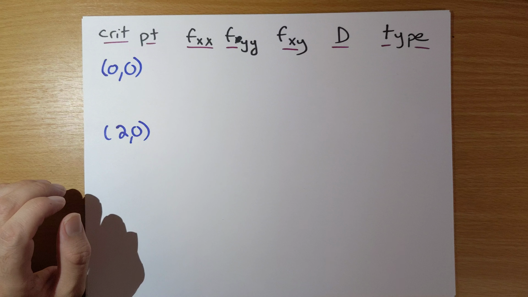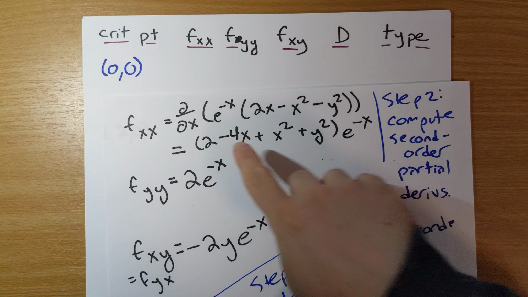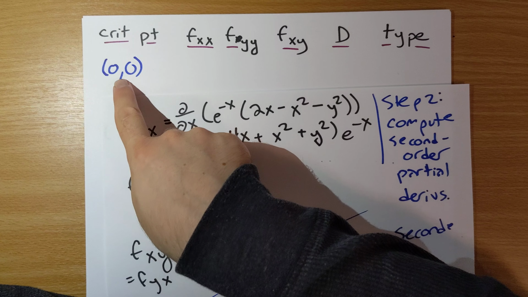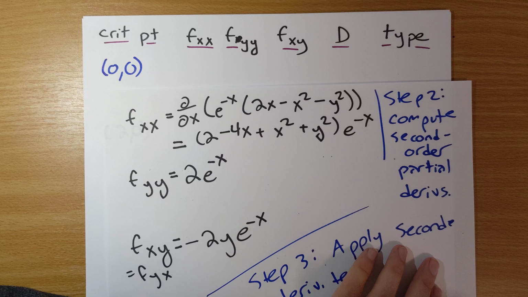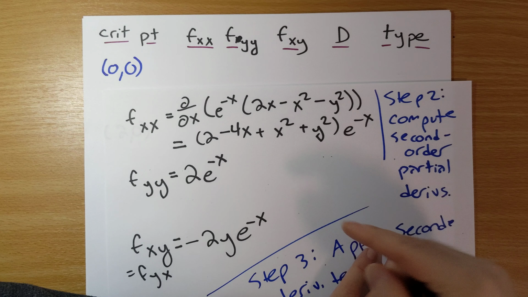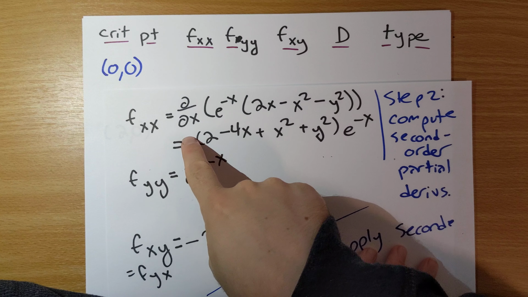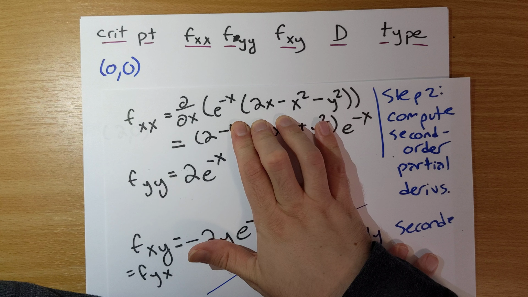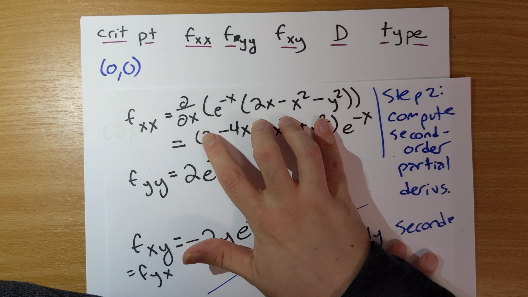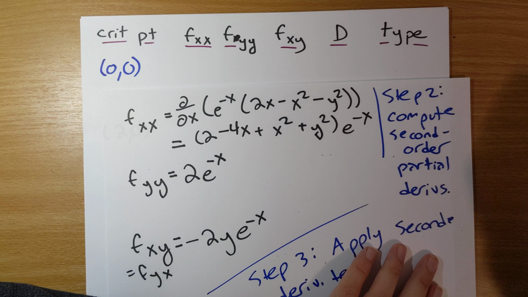And so now we need to evaluate each one of these 3 second order partial derivatives at (0, 0). When we plug in (0, 0) into this, all of those terms are 0. e to the negative 0 is 1. 2 times 1 is 2.